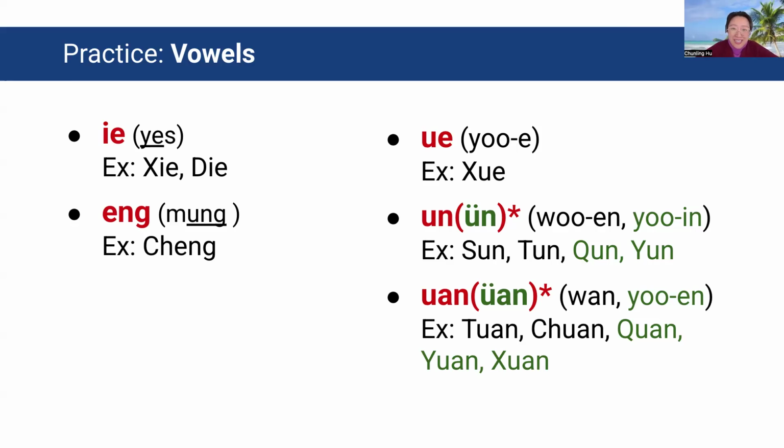Reina, you wanted to read that again for us? Yes. So the first one is ye as in yes. So the common family names like Xie, Die, and Cheng, Yue, Xue. Wen, Sun, Tun, Yun, Qun.